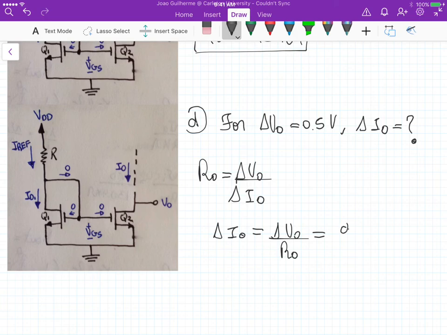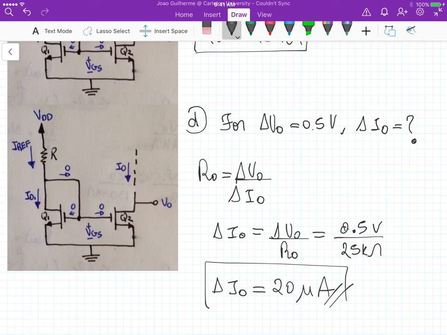So if we have a change of 0.5 divided by those 25k ohms, this gives us a change in current that is 20 microamperes. Okay, so that's the solution for problem 8.1.